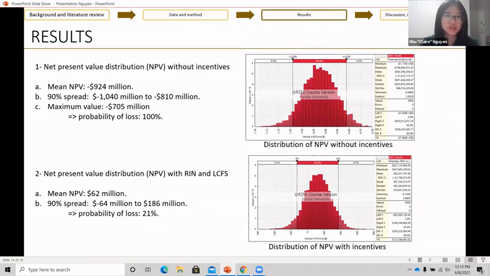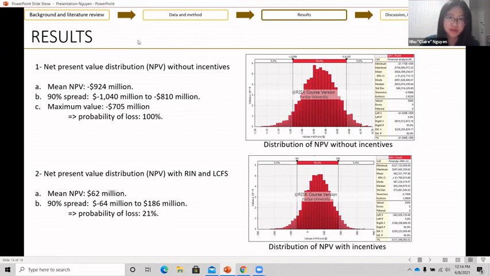The first part of the result is the distribution of the net present value as shown in the graph here. So the mean NPV without any incentive is around negative $920 million, and the 90% spread, so the 90% from here to here, this big part here, is from around negative $1 billion to negative $800 million.